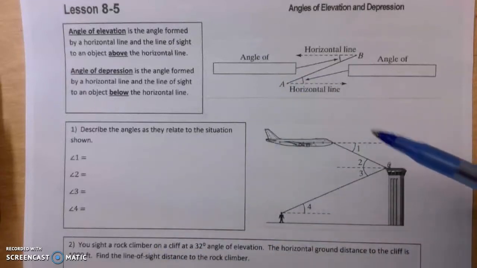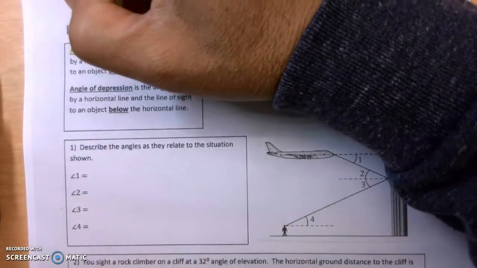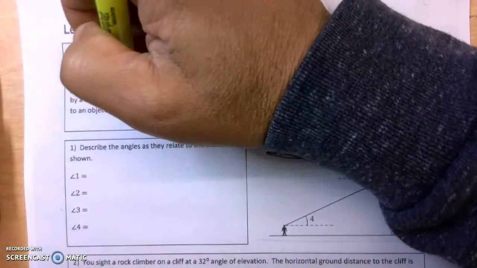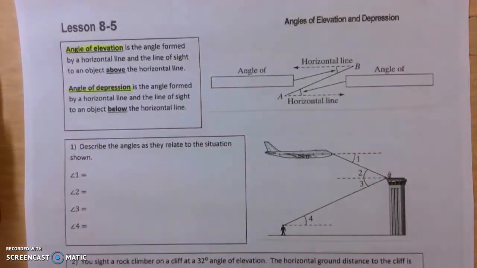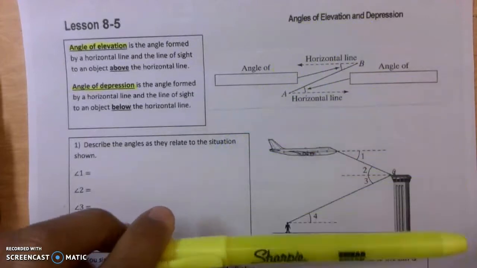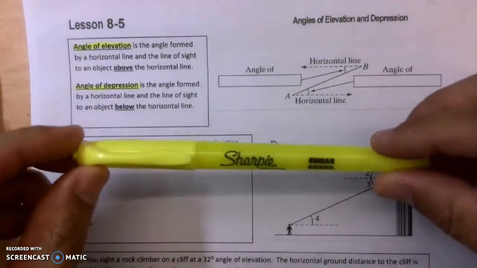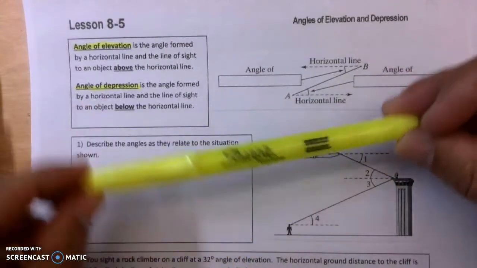Okay, two words that are important here are going to be angle of elevation as opposed to angle of depression. Angle of elevation, elevate means to go up, so that means you are looking upwards. Angle of depression, like when you are depressed, you are looking down, you are down.